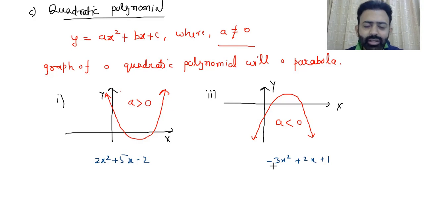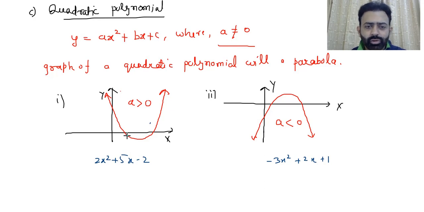I have just written in terms of the coefficient. We are only concentrating on the coefficient of x square, whether it is positive or negative, okay? So if a is negative, it will be an inverted U. If a is positive, it will be a U-shaped curve, right? Now you can shift this quadratic curve either upwards or towards right, or downwards or towards left, right? Then again you will get 4 more different types of curve, but that is not the thing, right?